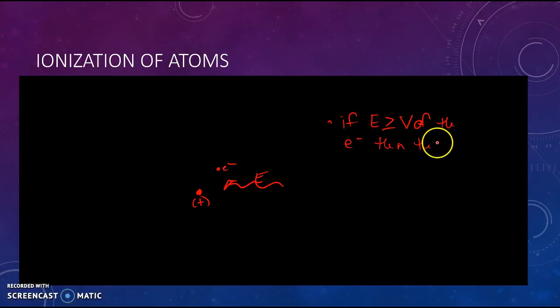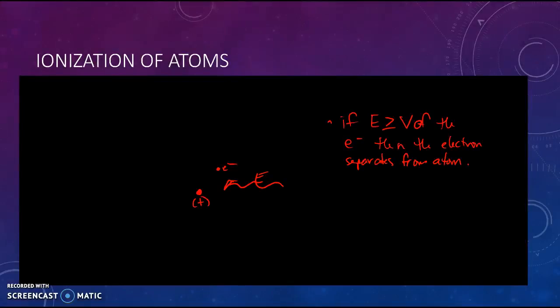So for this ionization, we have this positive nucleus, we have these electrons, and then somehow we put energy into it. And if the energy we put in is greater than or equal to the potential energy of the electron, then the electron separates from the atom, and the atom ionizes.